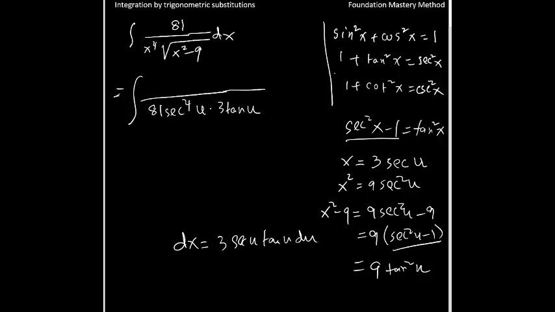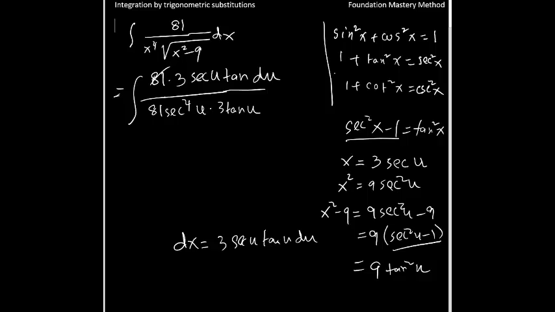That we know, the derivative of secant u. So then if you write it here, you get 81 times 3 secant u tan u du.